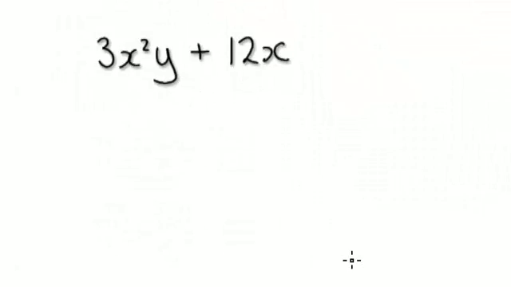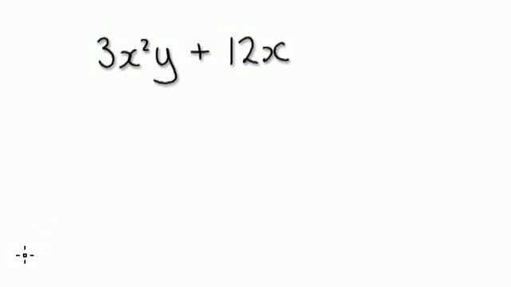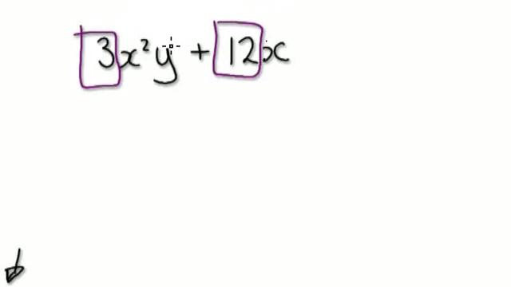Next one, this one here. Try to sort out these two first. Find the highest common factor. Press pause and have a go. So first sort out these two. What's the highest common factor here?